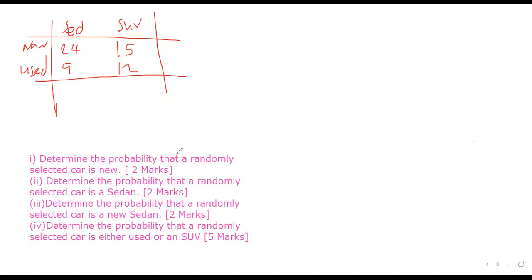Now here's an exam question. We're given a sedan, SUV, and new and used vehicles. So what's the first thing you do? What do you do when you're given a contingency table?